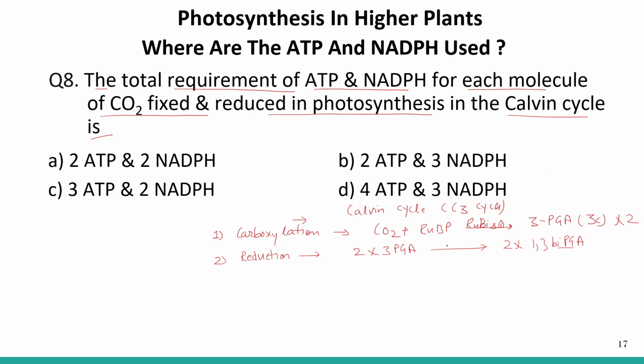Here ATP is used. So 2 molecules are there, so 2 ATP are used here, and 2 ADP will be formed. You have to remember 2 ATP are used here.